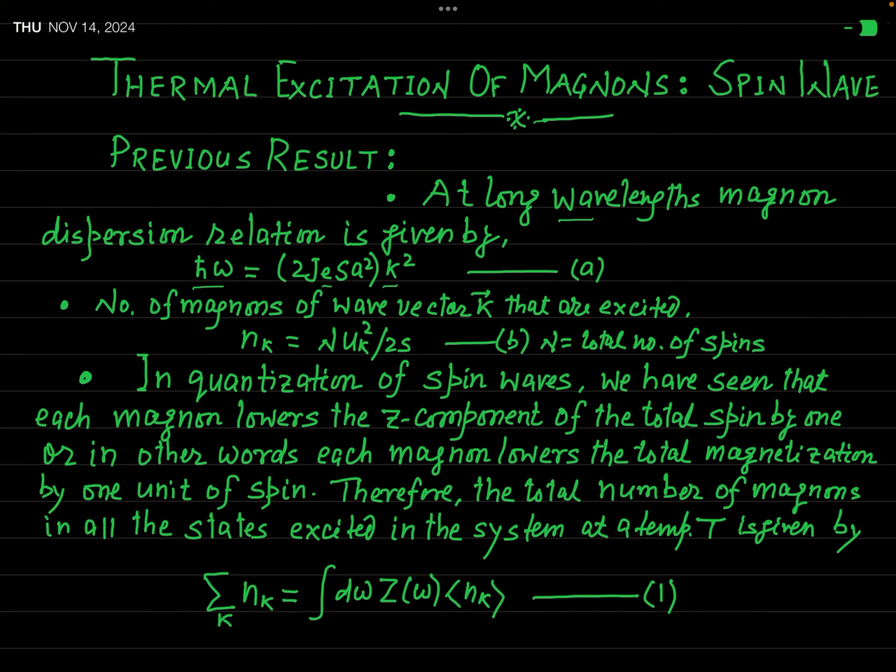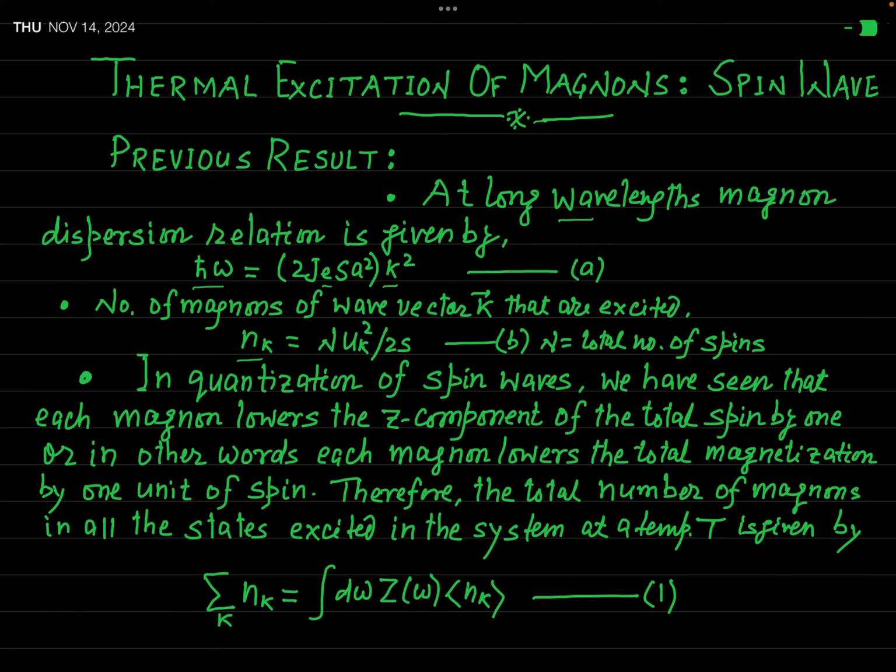Now when we discussed the quantization of a spin wave, we obtained a very important result which explains the quantization of a spin wave, and this result is given like this. n_k is equal to capital N u_k squared over 2S.